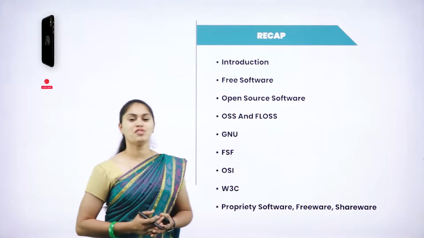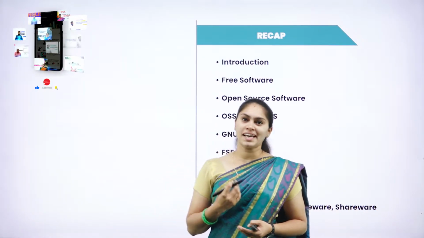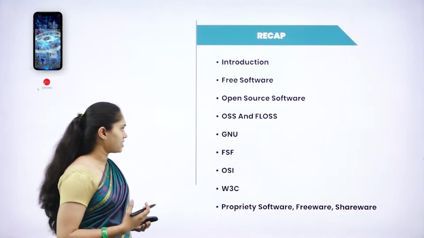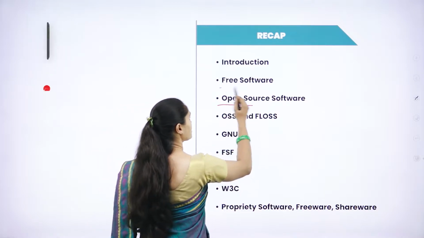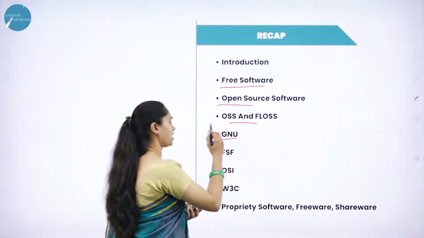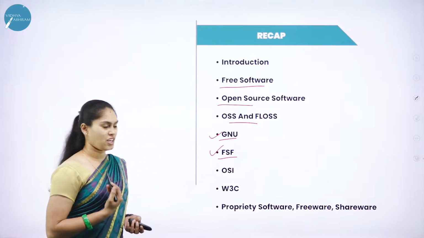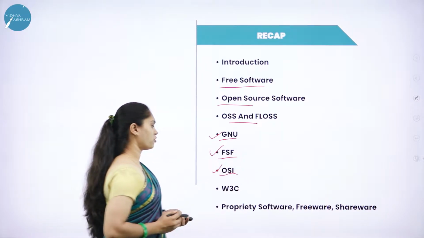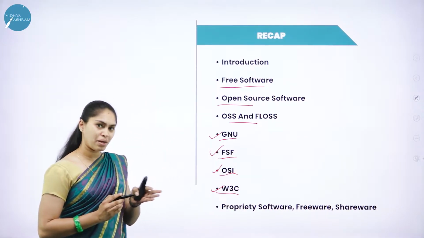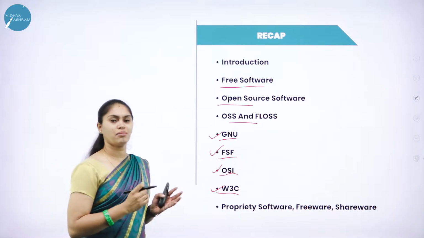So in the previous session of this chapter, we discussed what we mean by open source software and what is the need of having open source software. Under that, we discussed OSS, FLOSS, and also the free software, and we learned about GNU, that is GNU's Not Unix, and also FSF, the Free Software Foundation, OSI, the Open Source Initiative, and also W3C, that means World Wide Web Consortium, which provides a standard for the software which needs to be on the WWW.